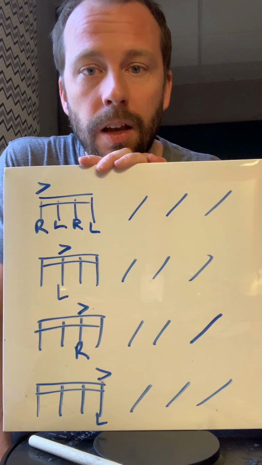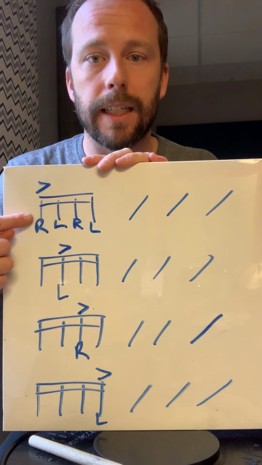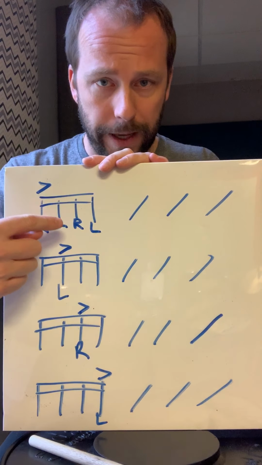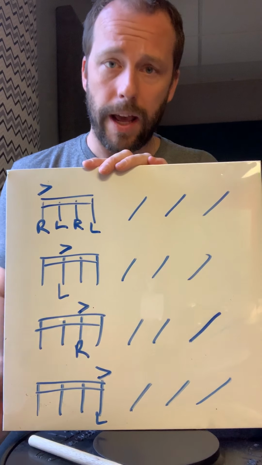So the hands are always alternating 16th notes, right, left, the whole way through. Just depends on what line you're on as to what hand is going to actually do the accent.